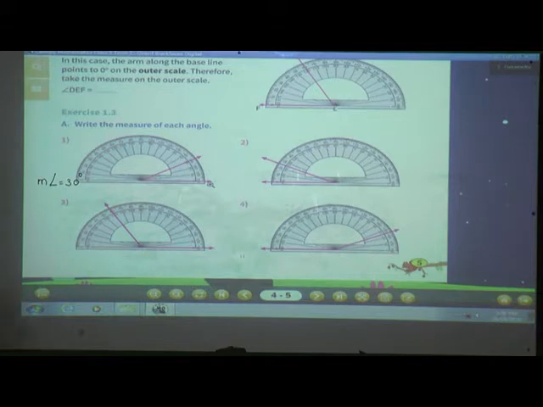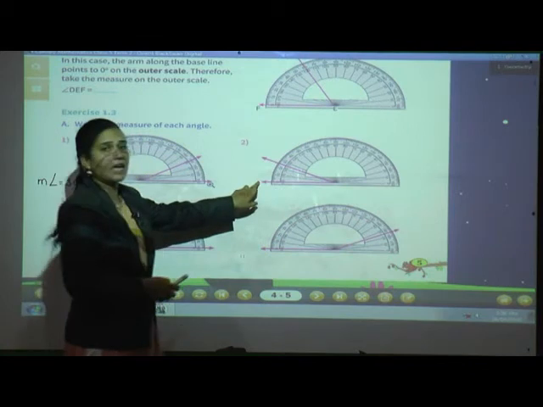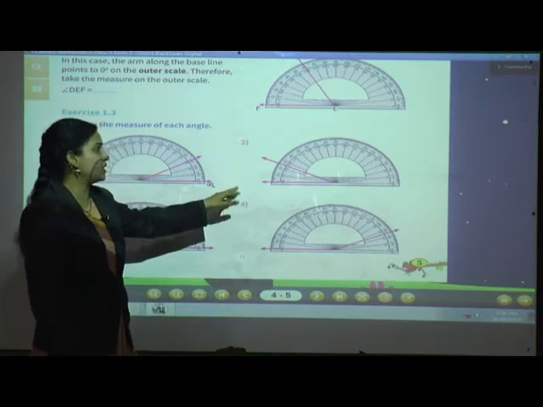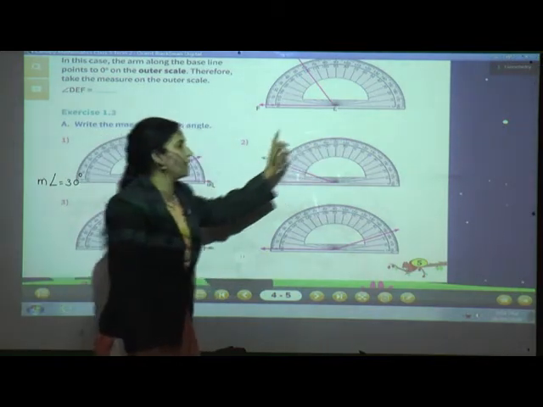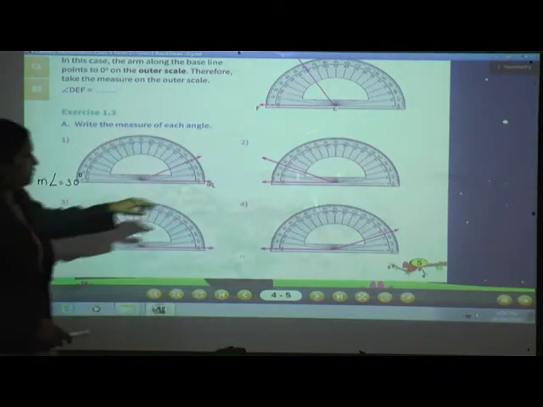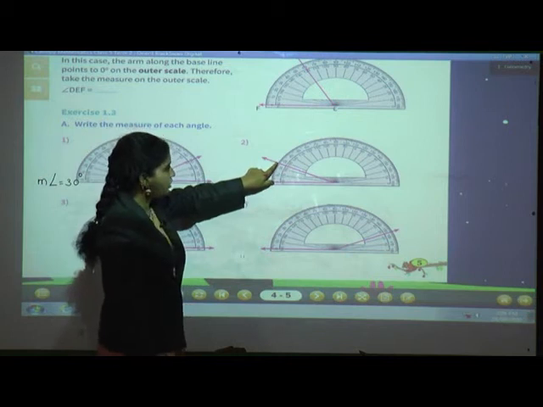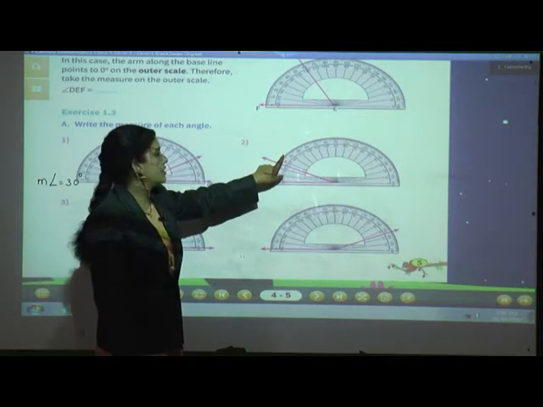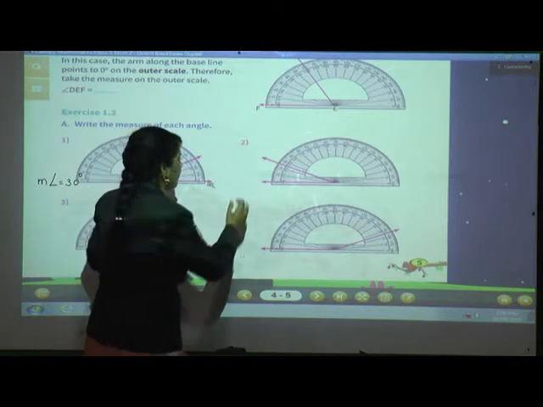Now second one, see here the arrow is on the left side, so we should measure it by outer scale. Here the arrow is between 20 and 30, so it is 25 degree.